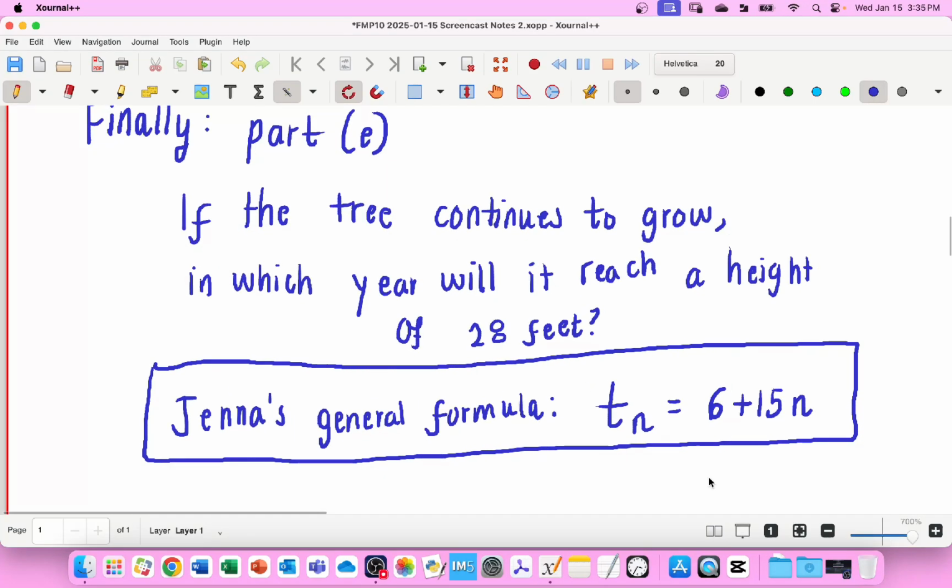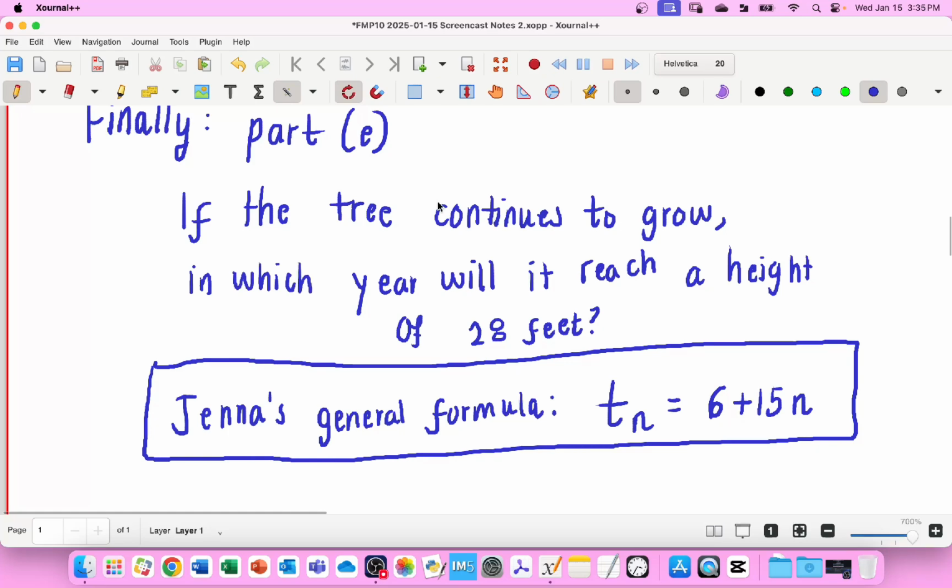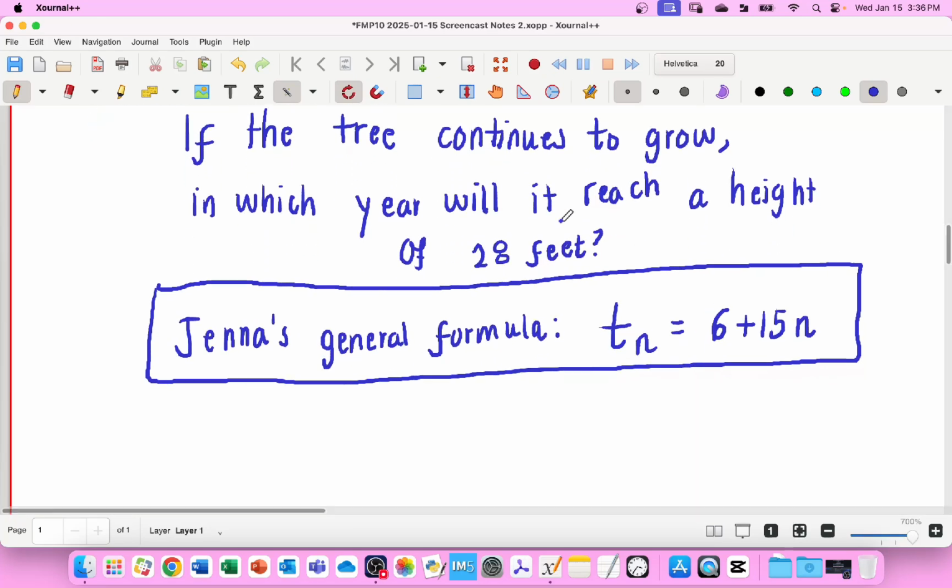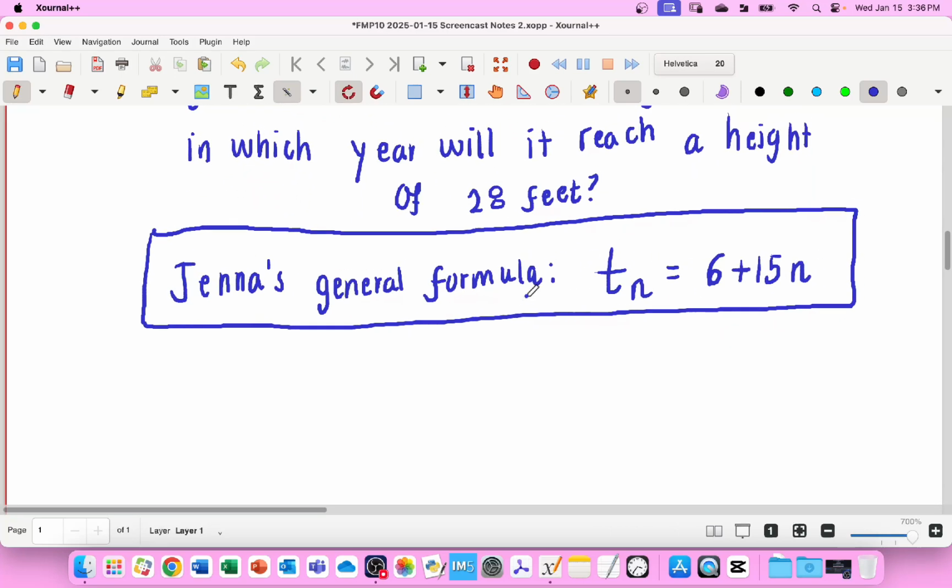Okay, so finally, part E: if the tree continues to grow, in which year will it reach a height of 28 feet? Well, remember, we have Jenna's general formula.